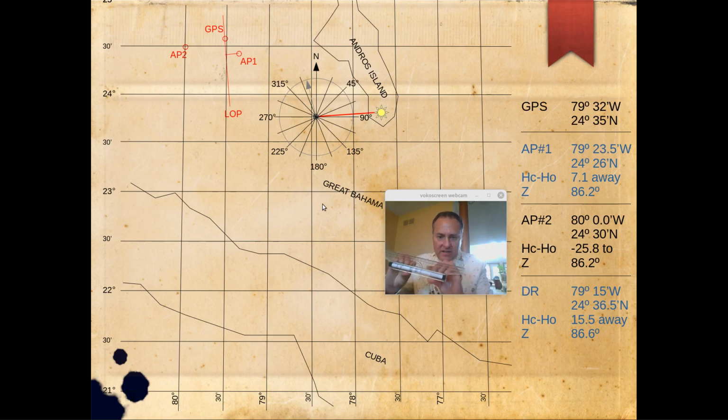I place it on the compass rose on the map. I roll that angle up to the assumed position, and there I strike a line in the direction of the sun because it says minus. I was on the wrong line.